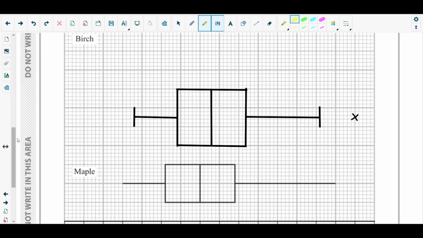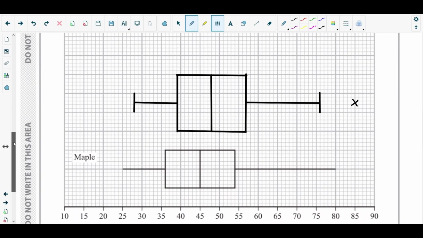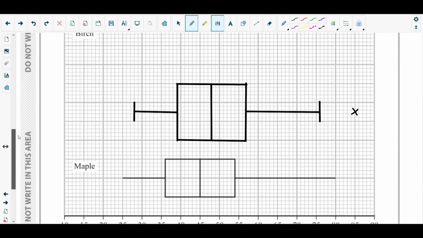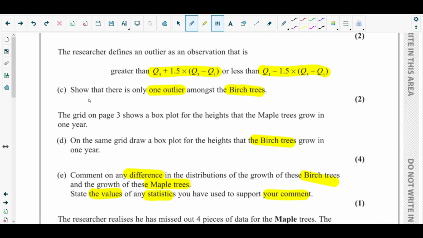If you are considering the measure of location, let's consider the median, right? So the median for birch trees is 48, right? But for the maple trees, it's 45. So we can say that on average, birch trees have taller heights, or you can say greater heights, than maple trees.